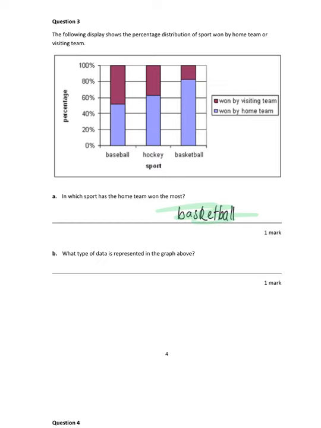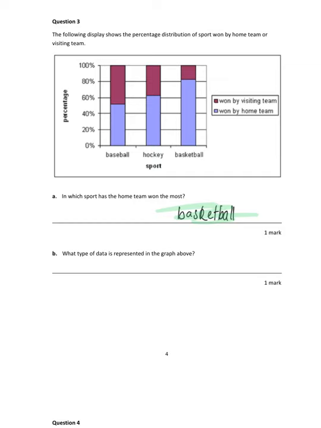All right, what type of data is represented in the graph above? So we've got some categories with the basketball, hockey, and baseball. And then you think, oh, maybe it's numerical because there's percentages in there. But what it is, it's just either a win or a loss.